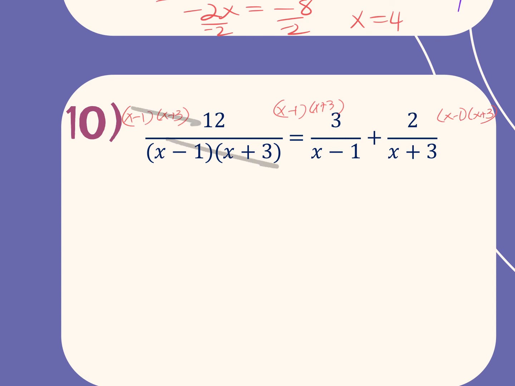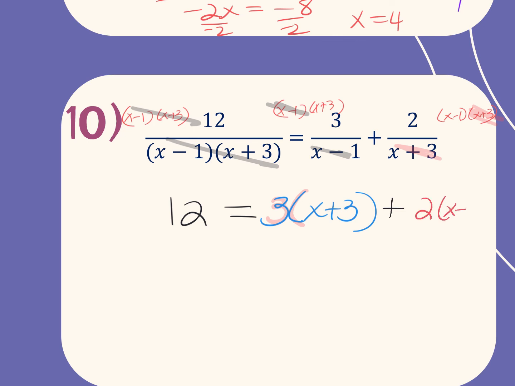Both of these are gone, so here you're just left with 12. This one, the x minus 1 cancels, so you're left with 3 times the x plus 3. And then the last one, what cancels is the x plus 3. So on that one, you're left with 2 times x minus 1.